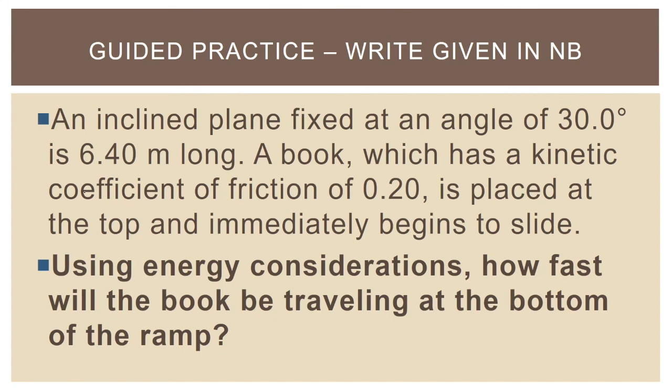So notice here, they've told me a couple things. They've told me that the angle is 30 degrees to 3 sig figs. They've told me that the length of the ramp, which we can call delta x or d, is 6.40 meters, also to 3 sig figs. So everything I'm going to do here is going to be to 3 sig figs then.